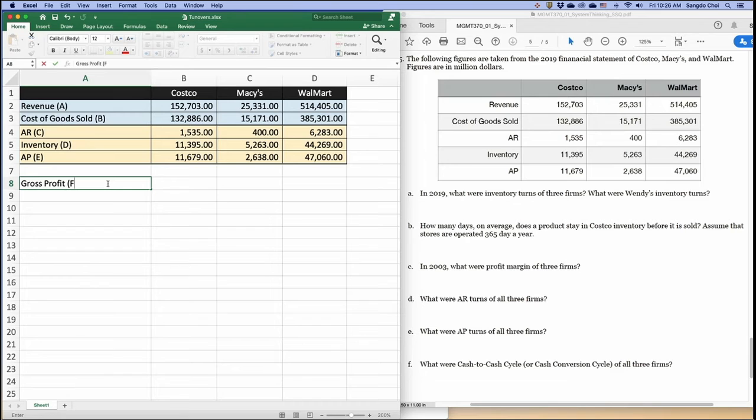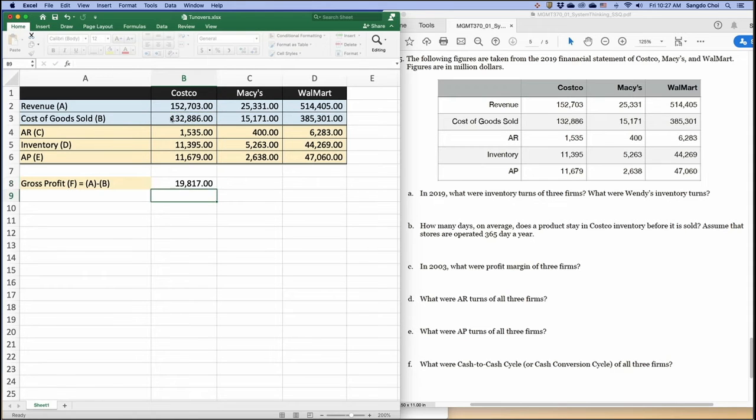Gross profit, I will give label F. F is what? Revenue A minus B. So if you have these labels, it's easy to understand and figure out the exact formula. A minus B in each row.